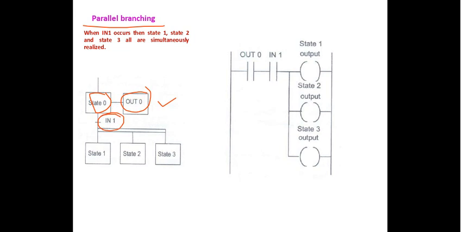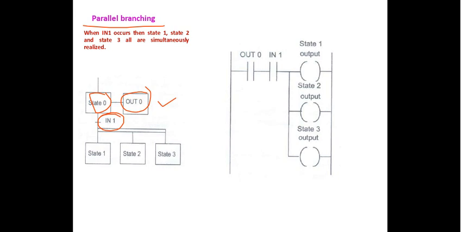That is only an optional one for you. Now out 0 along with IN1 results in all these three things simultaneously. Therefore these three must come in parallel. So this is called the parallel branching. Selective branching is one and another is parallel branching, right?